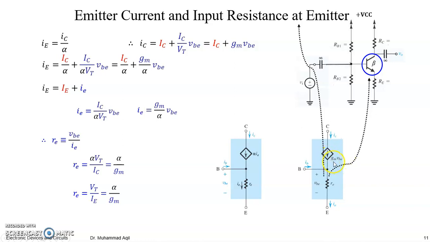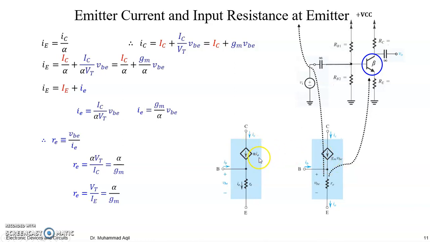So the value of this current source is nothing but equal to gm VBE. It means gm is the one depending on our biasing. IC by VT is gm, right? So this is nothing but a voltage controlled current source. Again, if you replace this with your IE, because you have to write a relation for IC. So IC is alpha IE, IC is beta IB, IC is gm VBE, right?